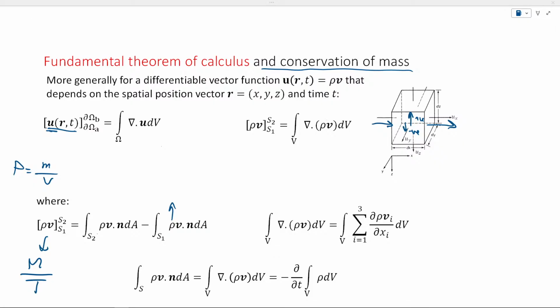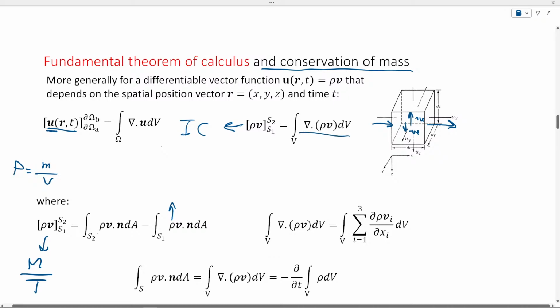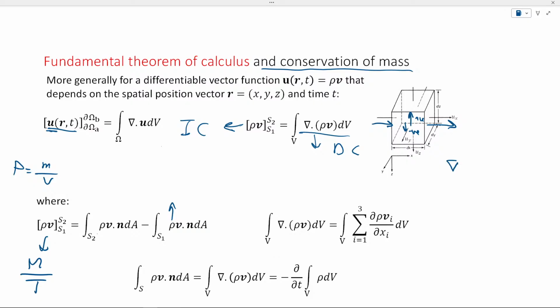inside this volume. And do we remember we studied this before in what? We studied this in integral calculus, and we studied this guy, remember the divergence, in differential calculus. Do you remember divergence? This guy is a vector, which is d over dx, d over dy, and d over dz.